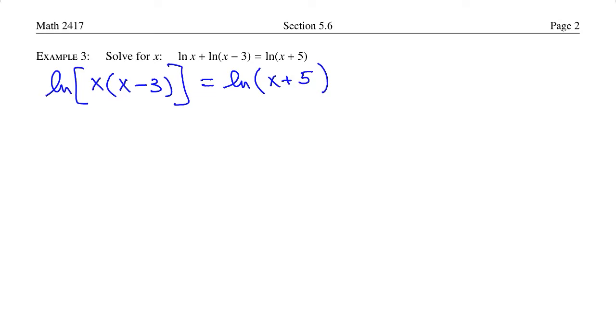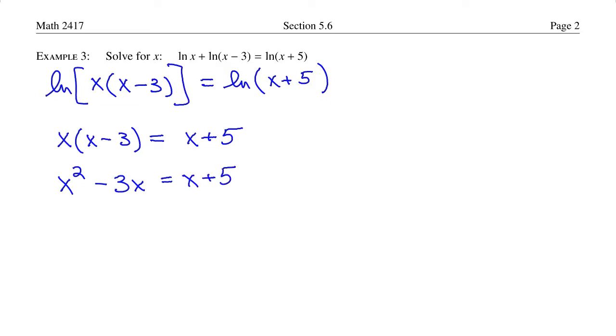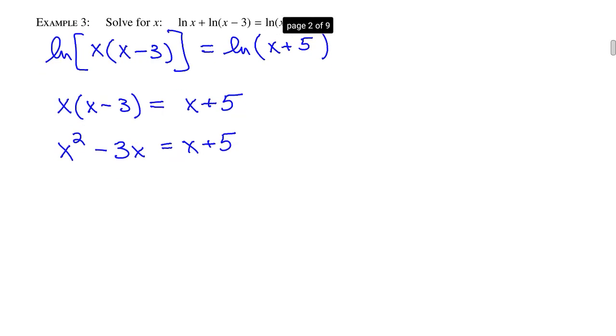Now that I have two logs that are equal to each other, their arguments must be equal. So I can drop the logs, and I get x times x minus 3 is equal to x plus 5. I'll distribute here, and we get x squared minus 3x is equal to x plus 5. We have a quadratic, so I move everything to the left. We get x squared minus 4x minus 5 is equal to 0.